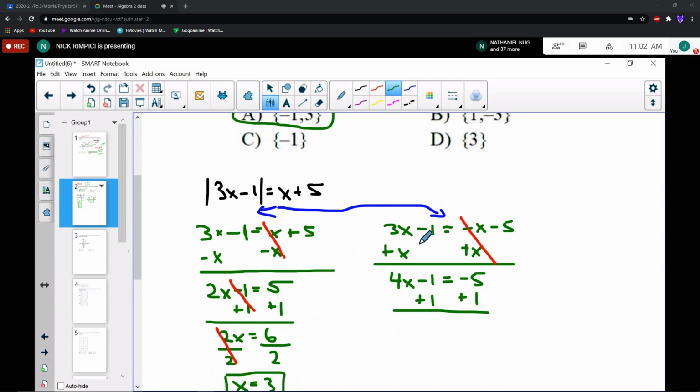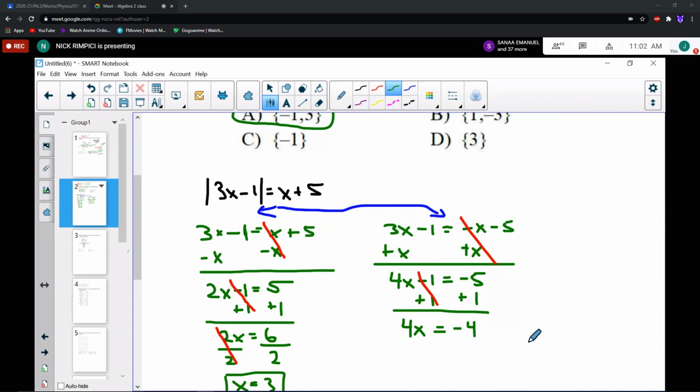Okay, so when I do that, the +1 and -1 are going to cancel out, of course. I can bring the 4x down. And 1 minus 5 is -4, which is the same as -5 plus 1, which is also -4.